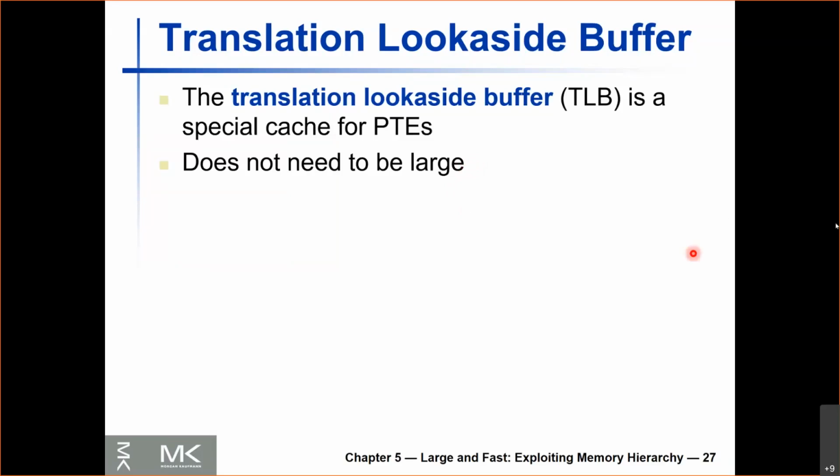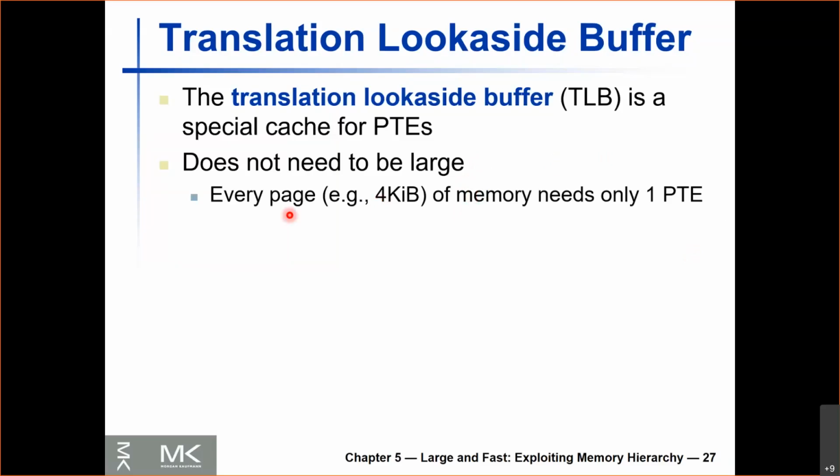So for that reason, the TLB does not need to be large, because every 4 kilobytes of instructions or data accessed only needs one page table entry. And so page table accesses have very good locality.